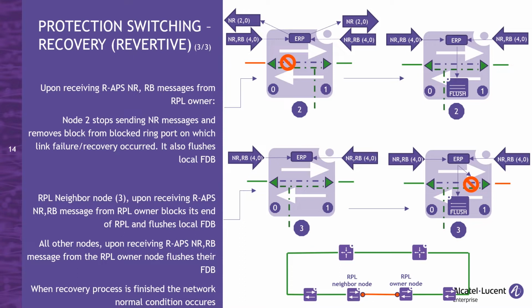The RPL neighbor node, if configured, will start blocking its RPL port and will also flush its local forwarding database. Any other node in the network, upon receiving NR-RB messages, will flush their own forwarding database. At the end of this process, the network is back to idle state, blocking traffic only over the RPL link.